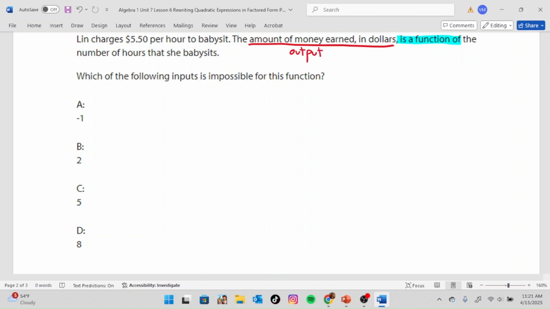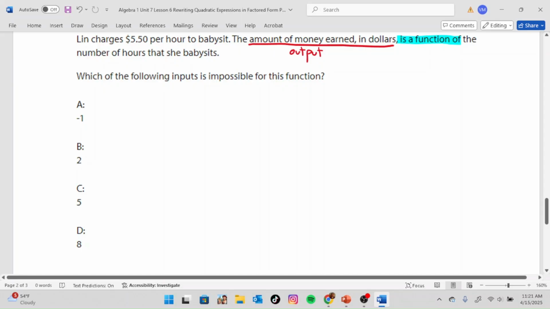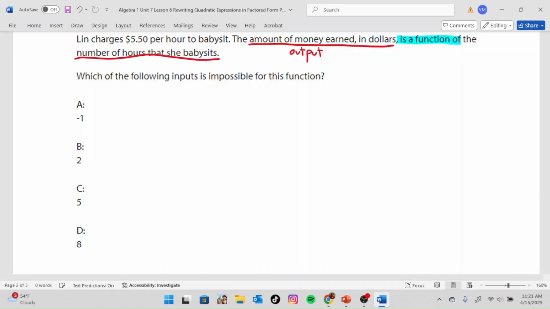Whatever comes after these words, number of hours that she babysits, that is your input. And so they're wanting to know which input is impossible. So which number could not be a number of hours that she babysits?